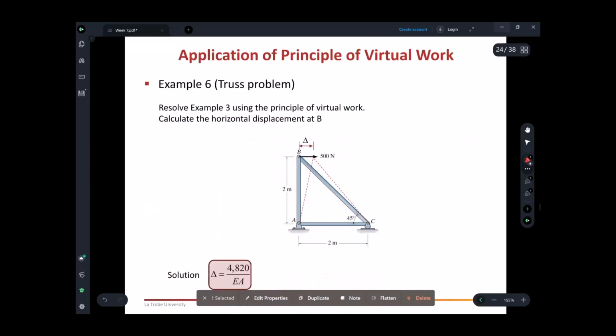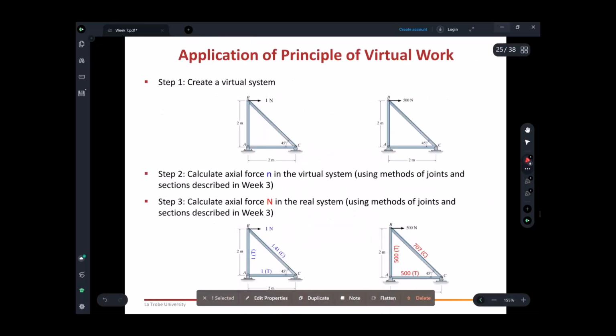We're going to take an example here. You remember the same example, but we're going to solve it using the virtual work method.